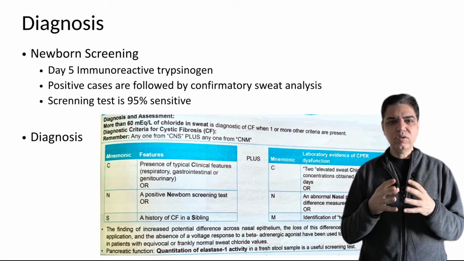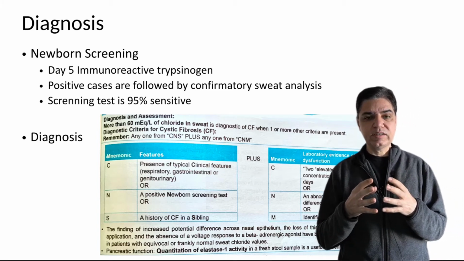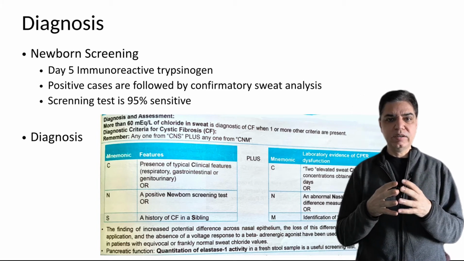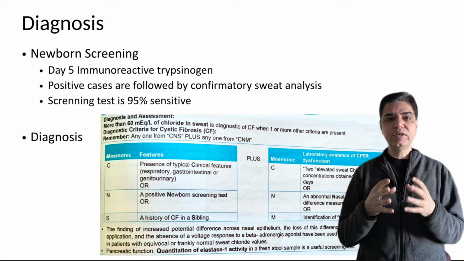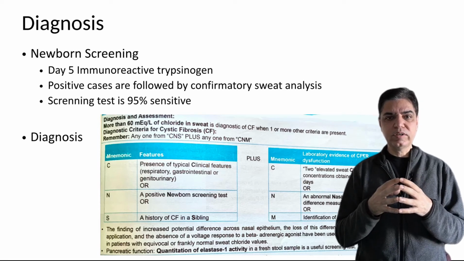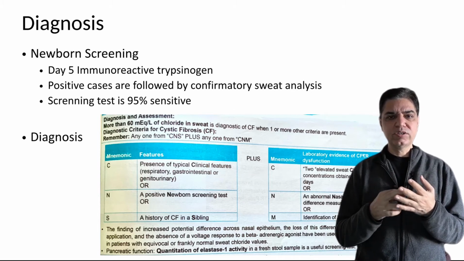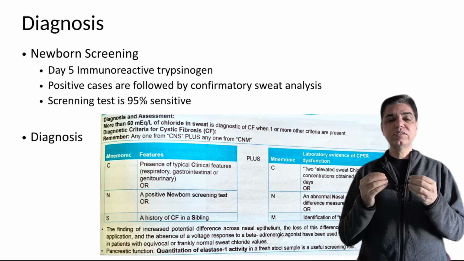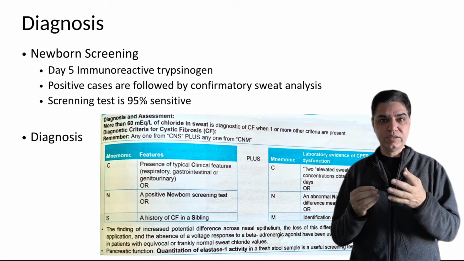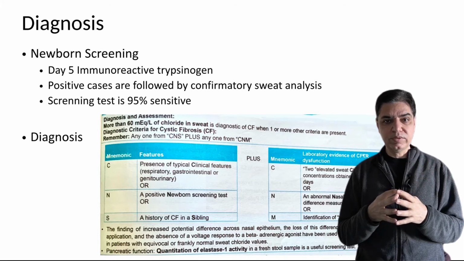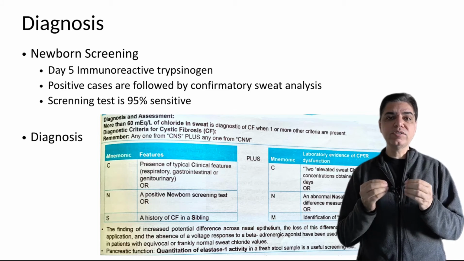So if one of this CNM SS category is present, like if there is presence of typical features of cystic fibrosis, like for example repeated chest infections, repeated gastrointestinal symptoms, or there is a positive newborn screening test, that is day 5 immunoreactive trypsinogen, or there is a history of cystic fibrosis in a sibling.